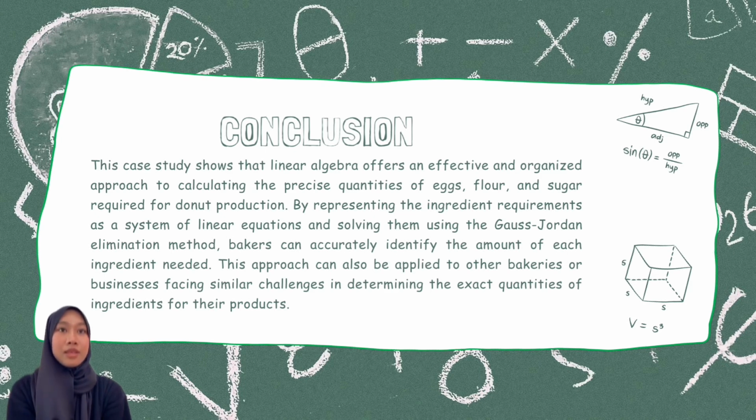By representing the ingredient requirements as a system of linear equations and solving them using the Gauss-Jordan elimination method, bakers can accurately identify the amount of each ingredient needed. This approach can also be applied to other bakeries or businesses facing similar challenges in determining the exact quantities of ingredients for their products.